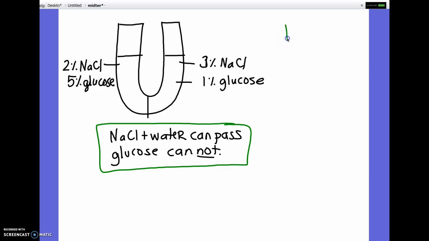First thing you're going to be asked is which side at the beginning of the experiment is hypertonic. Is it A or B at the beginning before anything moves? So which one would it be? How do you know?